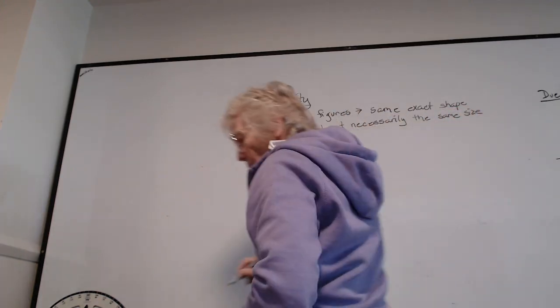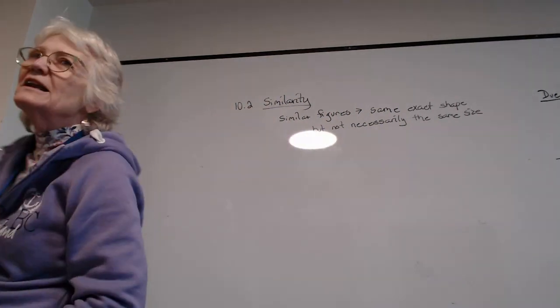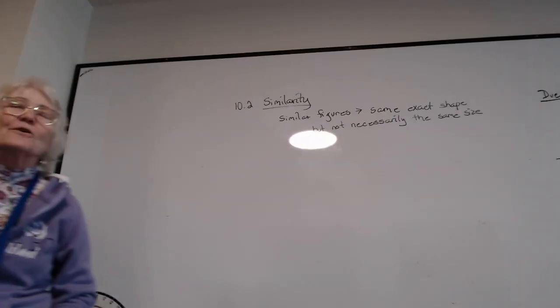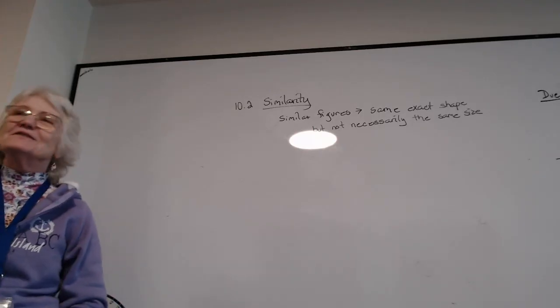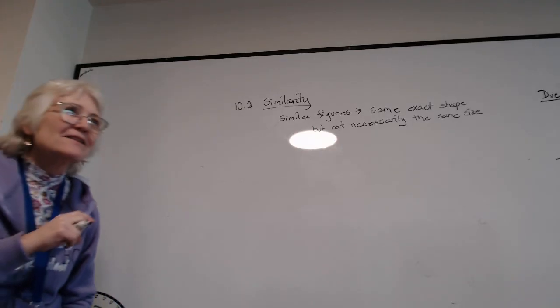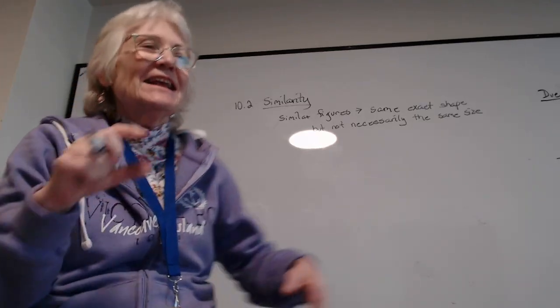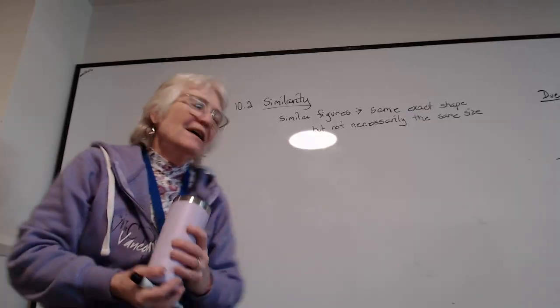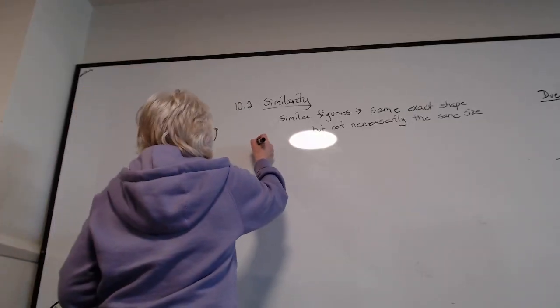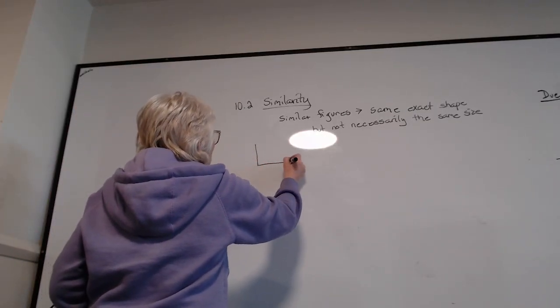One way to think of it is one is usually smaller or one is usually bigger than the other. So if you think of models, when something is a model of something, that is a similar figure.